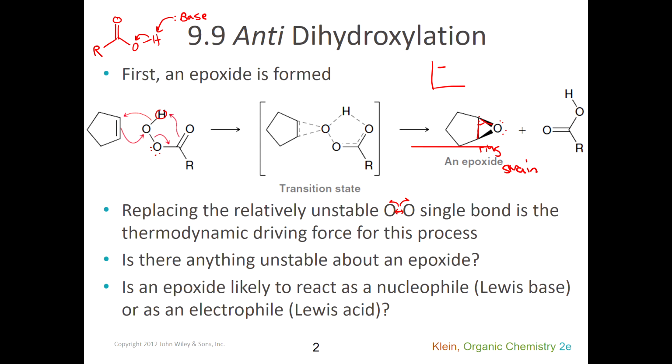There's also going to be some torsional strain where the two hydrogens on these adjacent carbons are eclipsing. It's going to cause some repulsion. So normally we think of that as being relatively unstable.